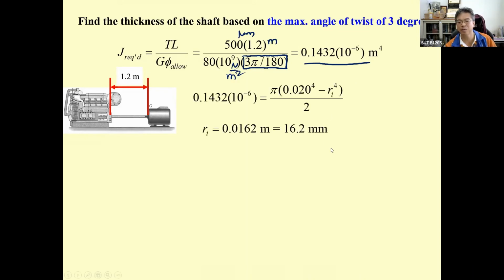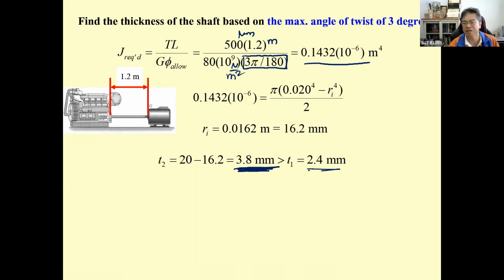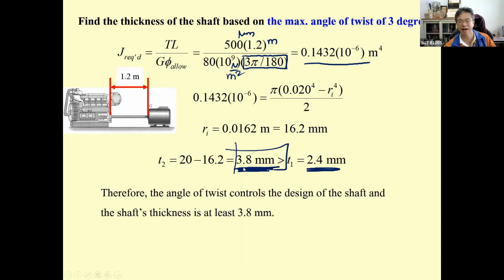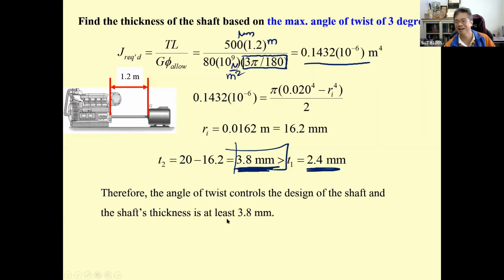Do the same calculation. You get r sub i 16.2. You do 20 minus 16.2. You get 3.8, which is larger than 2.4. So you select 3.8 as the least thickness for this shaft. It's going to be the same as we have for the ship.